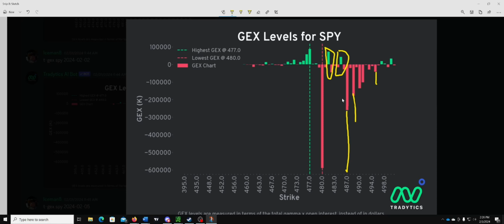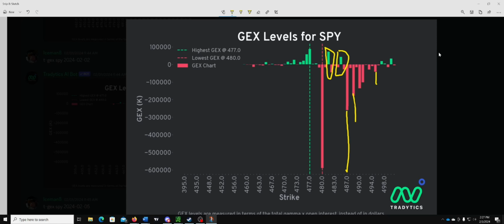So we knew Thursday this was going to be an all-day melt up because each bar above was acting as resistance and each bar below was acting as support. But the resistance got smaller and smaller the further we went up. I hope that's clear. Okay, so that's how we knew what was going to happen on Friday.